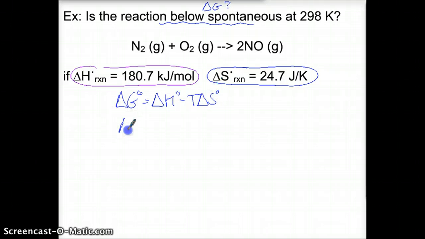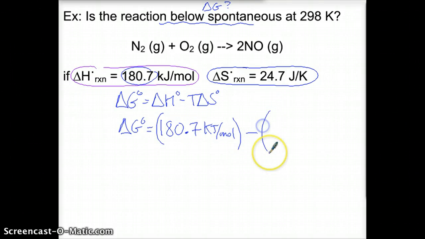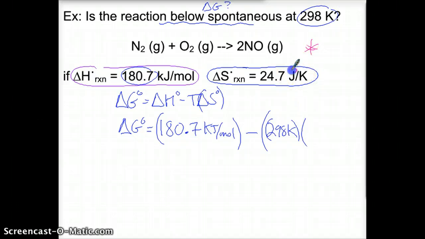Now let's go ahead and plug in our values. Delta G naught is equal to delta H, 180.7 kilojoules per mole, minus the temperature, 298 Kelvin, times the entropy, delta S. Notice, warning: entropies are always given in joules per Kelvin.